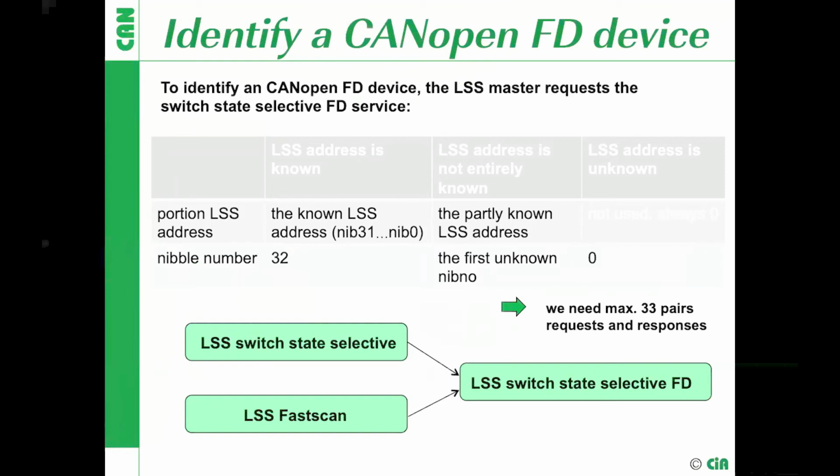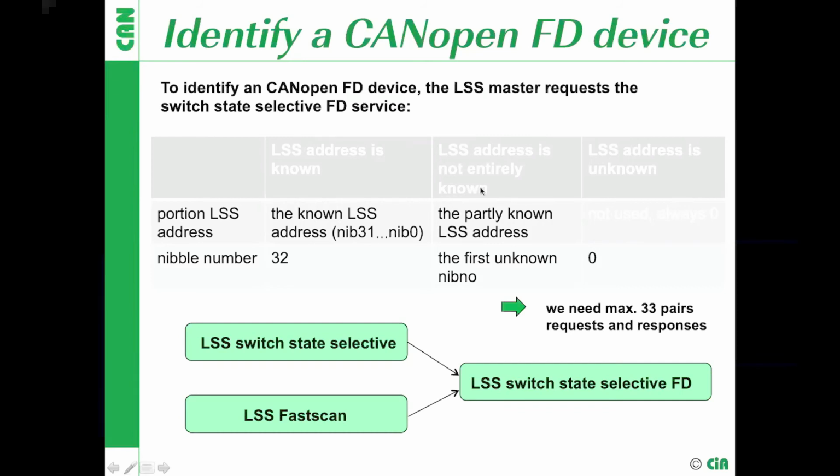Now on this slide, we can see an overview of how we use switch state selective FD to identify one CANopen FD device. If the LS address is known, we set the portion address to the complete known LS address and set the neighbor number to 32.